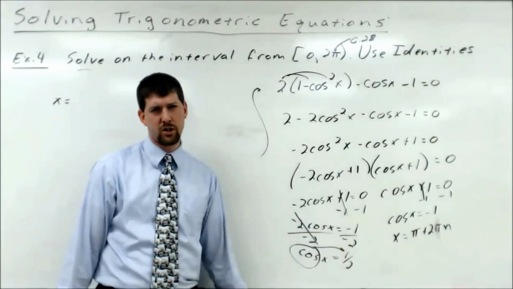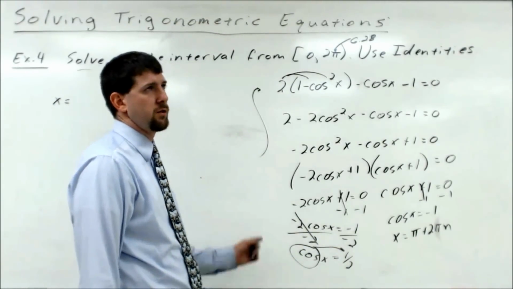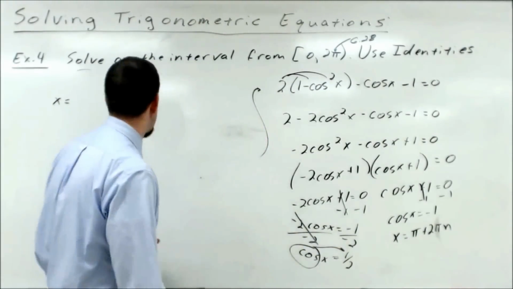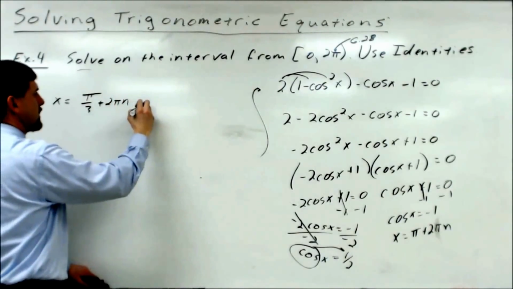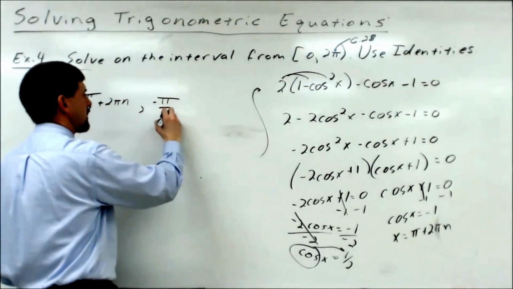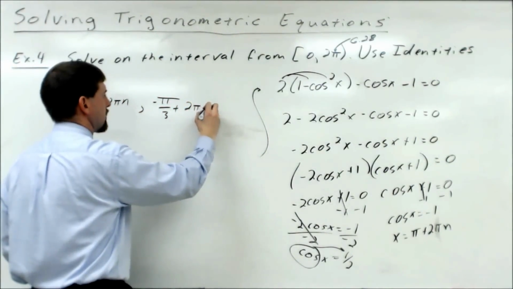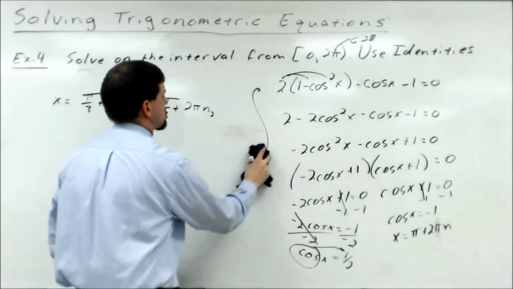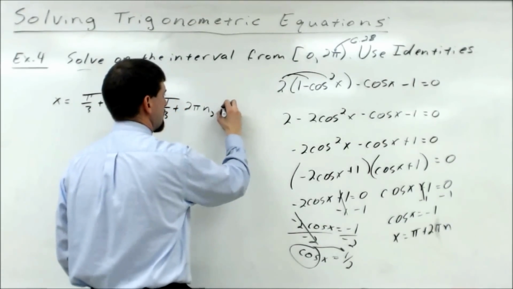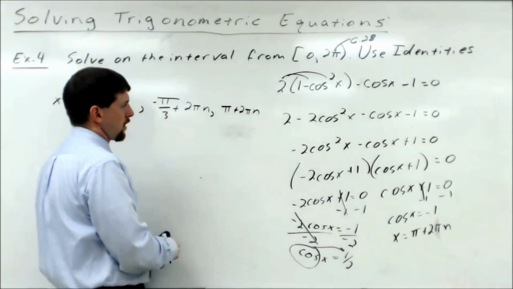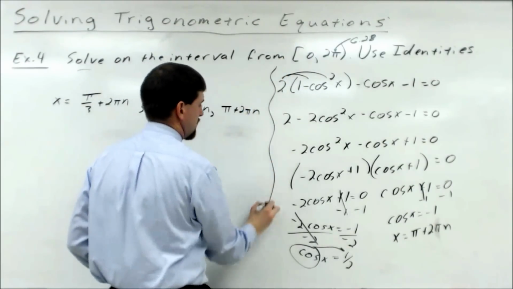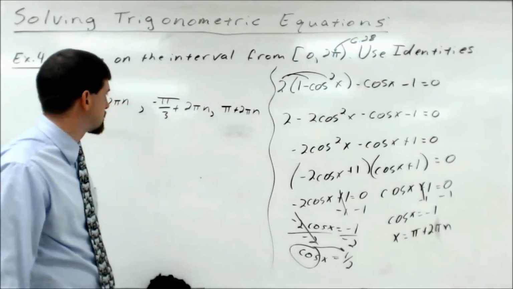Cosine's adjacent. We are adjacent to 1 with a hypotenuse of 2. Adjacent to 1 would be the 60-degree angle. So pi over 3 plus 2 pi n and negative pi over 3 plus 2 pi n, along with the pi plus 2 pi n we already found.